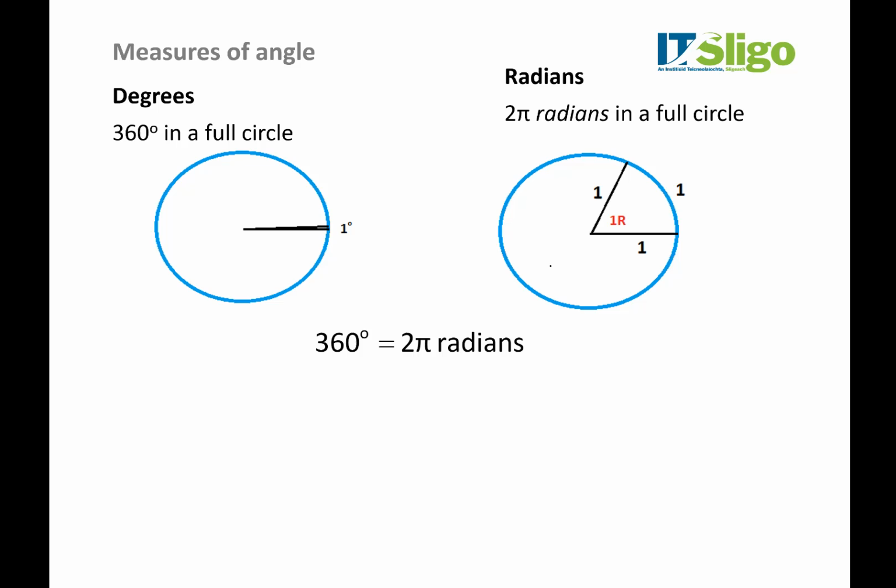So to avoid that confusion, you'd usually say the word radians when you're talking about it, but if you write it, you leave out the R. You write 2 pi and you say the word radians. So that's something to watch out for. So now if we divide both sides by 2, 180 degrees is 1 pi radians. And again, I just write the 1 pi.